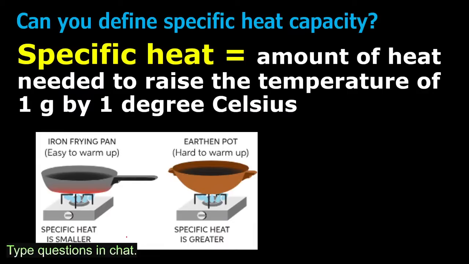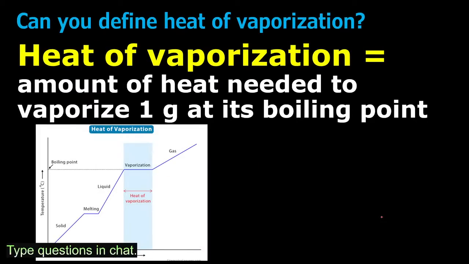The heat of vaporization, I thought it was on the wrong slide for a second. The amount of heat needed to vaporize 1 gram at its boiling point. Okay, so water has a relatively high specific heat, high heat of fusion and heat of vaporization. So if we look here, remember heat of fusion was right here.